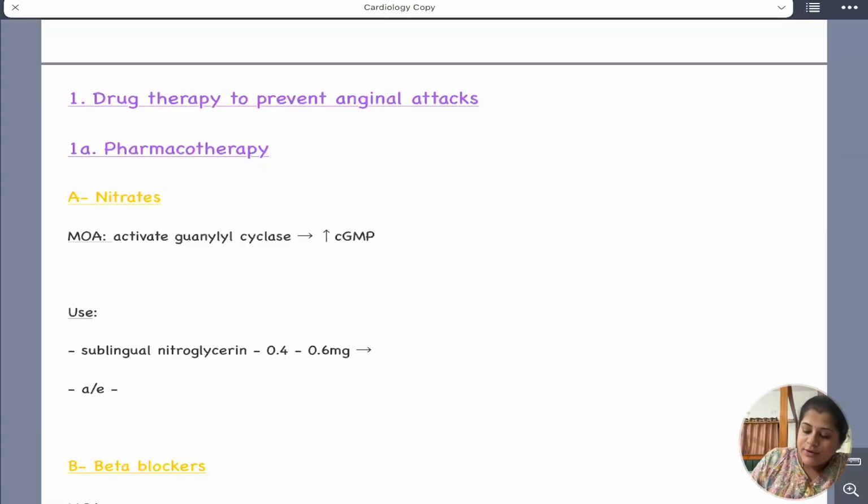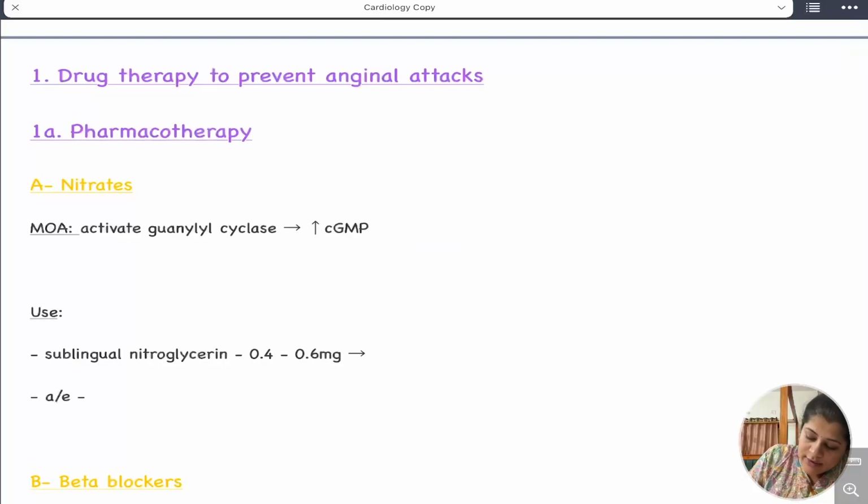As I told, they will either increase blood supply to the heart or reduce myocardial oxygen demand.